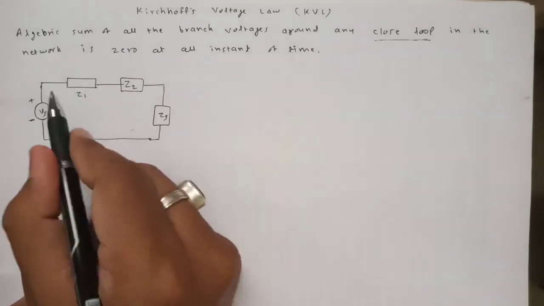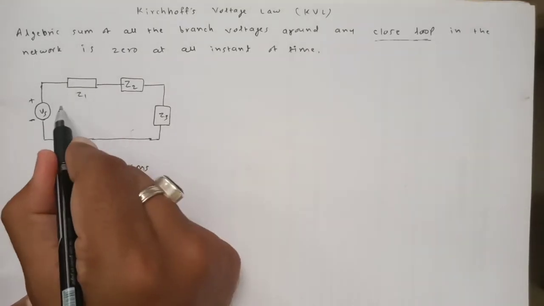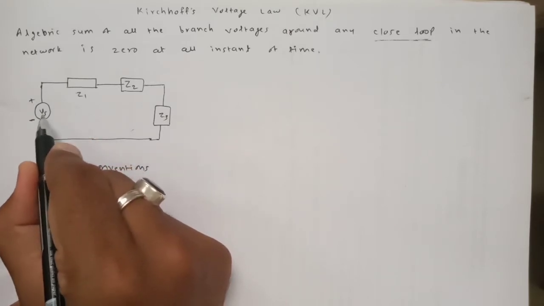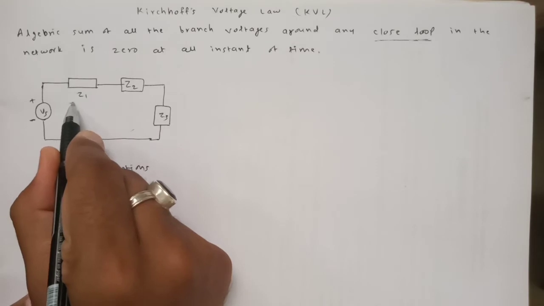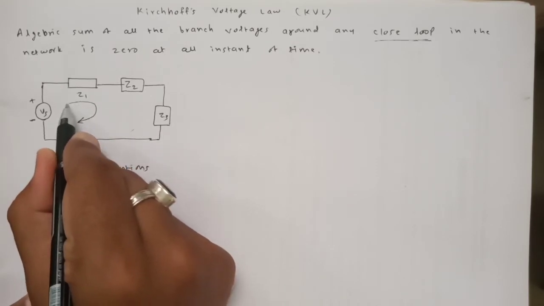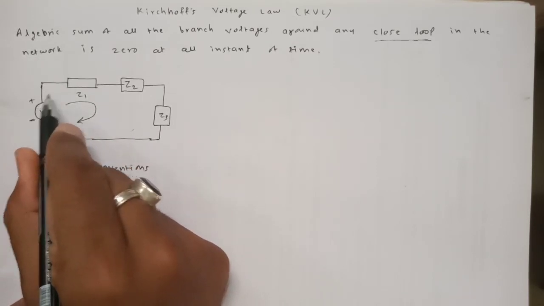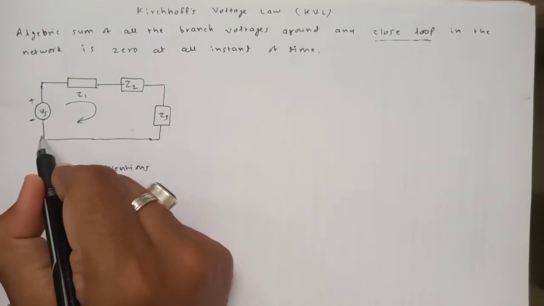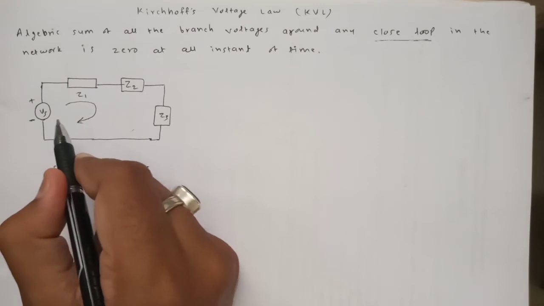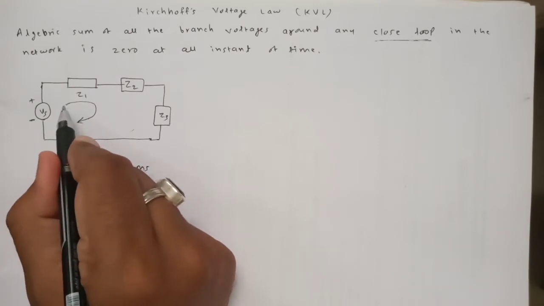First of all, let us consider the current direction. You can consider any current direction, but as we know the current will start from the positive end and go to the negative. In this way the current flows in the circuit. It will start here, go through Z1, Z2, Z3 and then go back to the negative end. So during this journey we have to consider the direction.